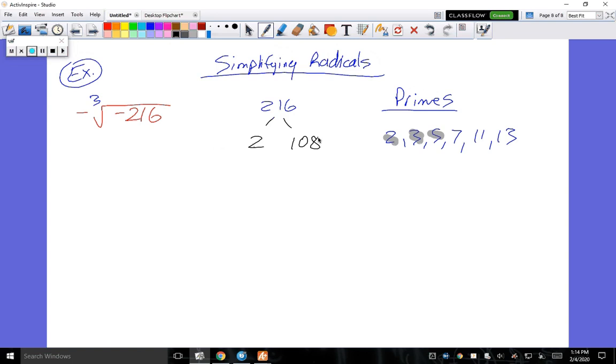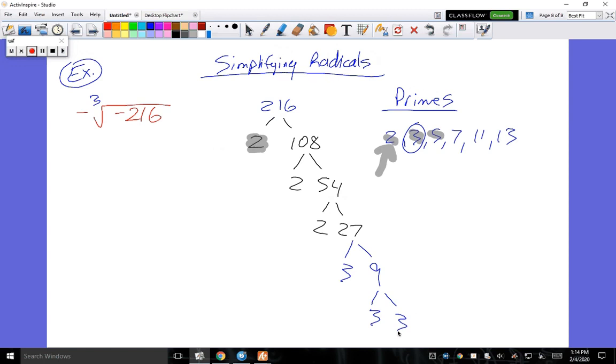Okay? Notice that I divided by this first choice. So keep going. 2 and 54. 2 and 27. Because 27 cannot be divided by 2, I'm going to move on to the next one. And I will have 3 and 9 and 3 and 3.